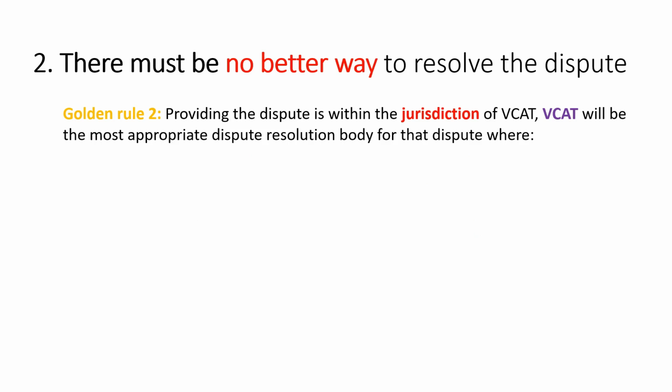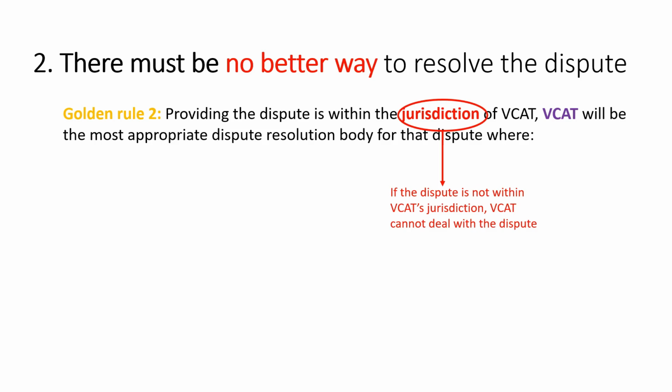The threshold point is that VCAT will only be an appropriate dispute resolution body for a dispute if VCAT has jurisdiction to deal with that dispute. If VCAT does not have jurisdiction to deal with the dispute, VCAT cannot possibly be an appropriate body to deal with that dispute because it has no power to deal with that dispute.